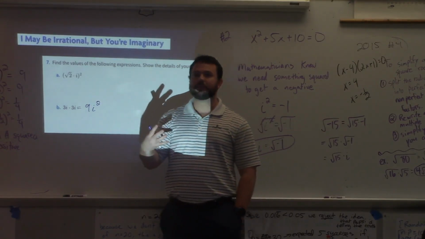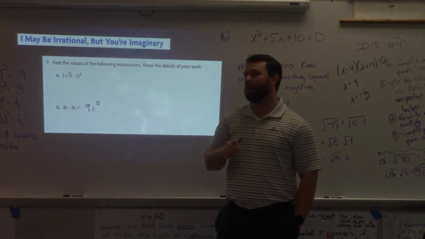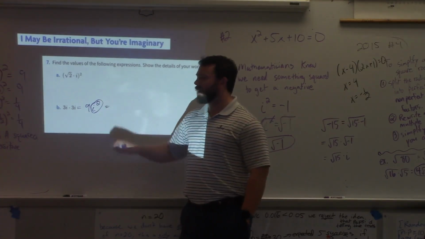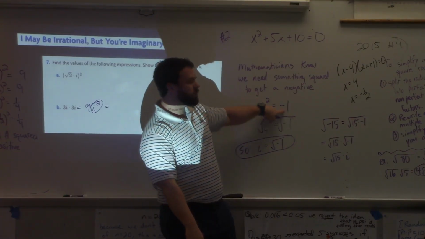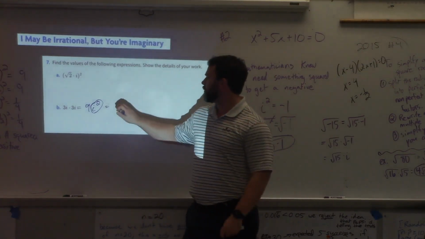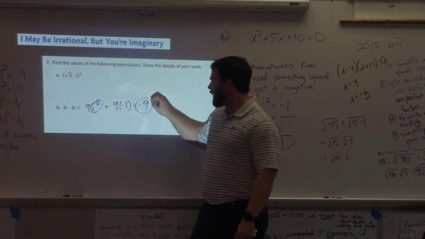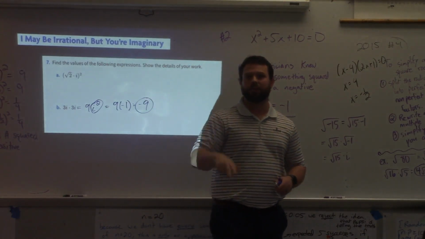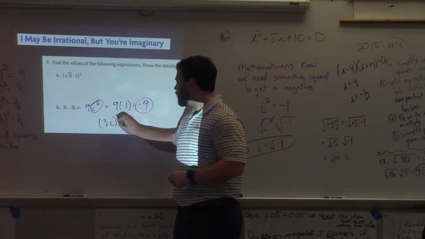Remember, anything times itself is squared. Not quite, because how could I rewrite i squared? Remember, this was the whole important definition. i squared is -1. So 9 times -1 is -9. So that's the answer. 3i times 3i is also the same thing as 3i squared.